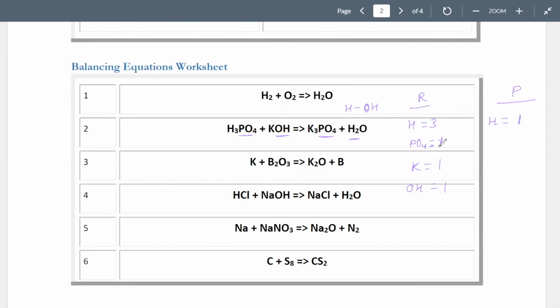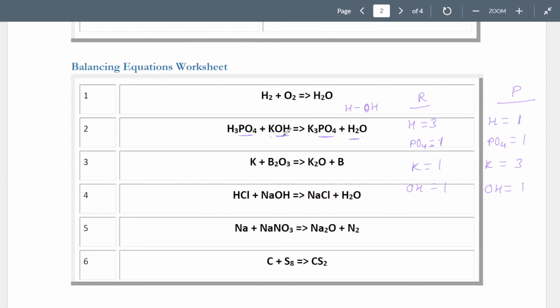And phosphate, we have 1 phosphate. And potassium, we have 3 potassium. And hydroxide ion, we have just 1 hydroxide ion. Okay, so now let's start our work.